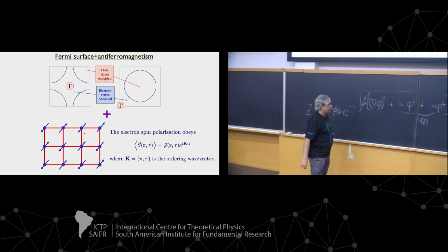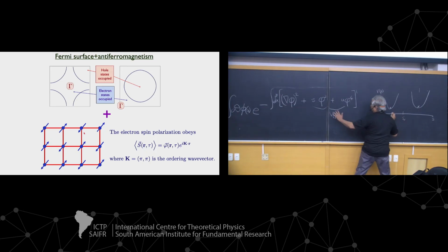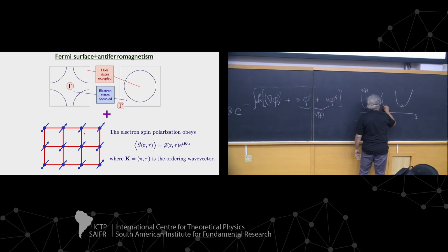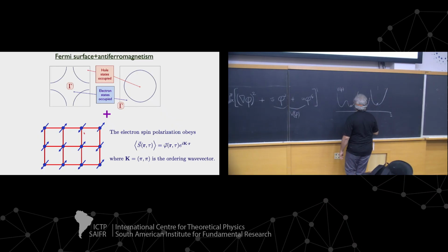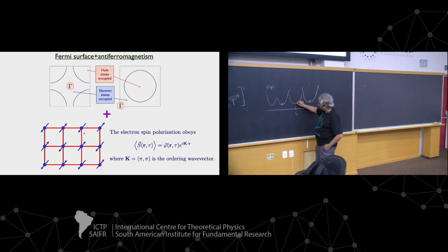All right, but what about what happens exactly at the critical point? Well, exactly at the critical point where S is 0 in the mean field theory, this becomes very flat, and so it's phi to the fourth. And so we have to really worry about fluctuations. How singular are they?